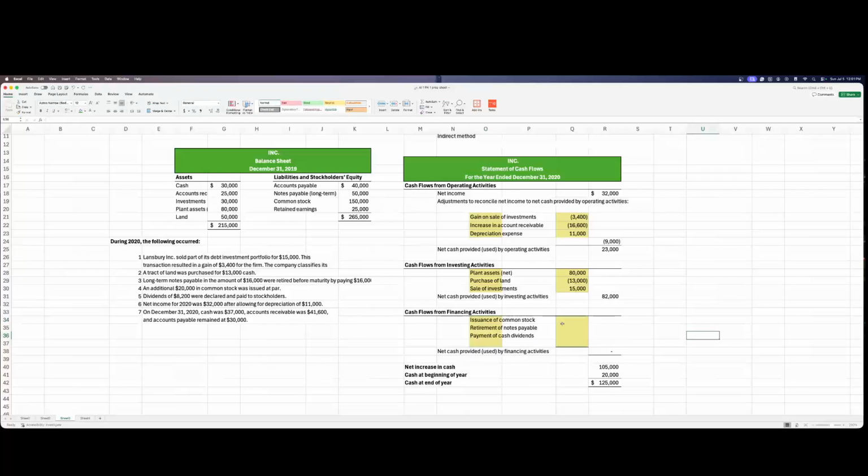Issuance of common stock, $20,000. Retirement of notes payable. Payments of cash dividends.